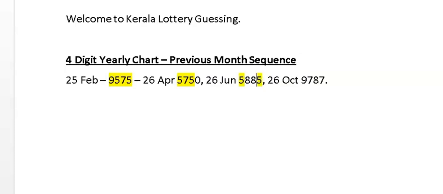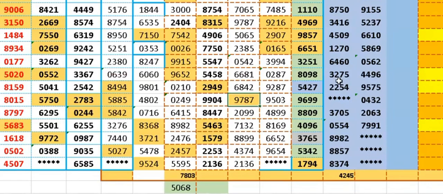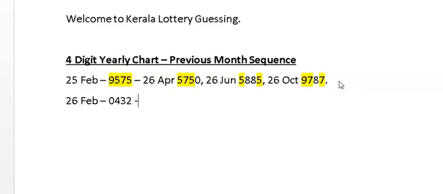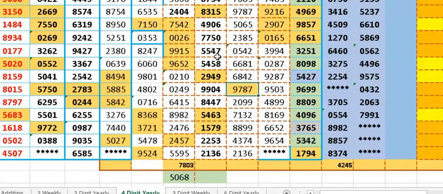However, let us focus on the same sequence that we've been following. You can see here 957, three different figures collaborated from three different months. At times it's collaborated from 4 different months as well. So we'll try to mark them later.